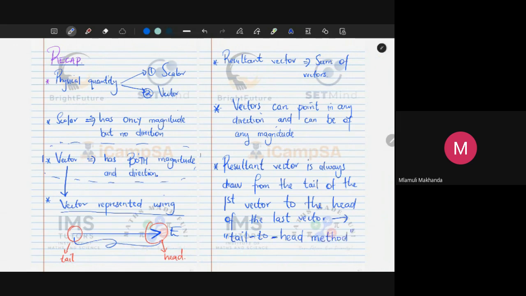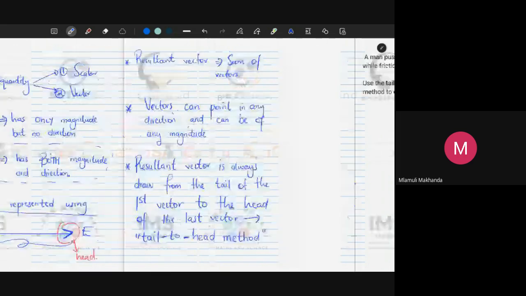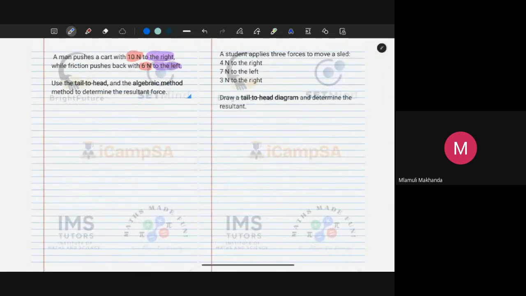That's why it's called the tail to head method. So let's see how it looks. Now you have this guy pushing a cart 10 newtons to the right.